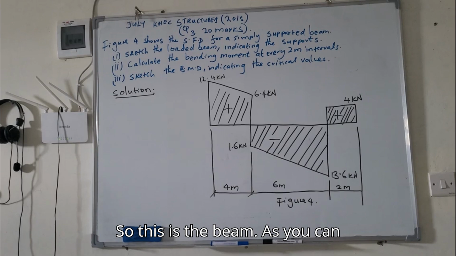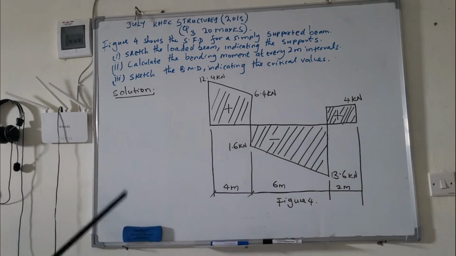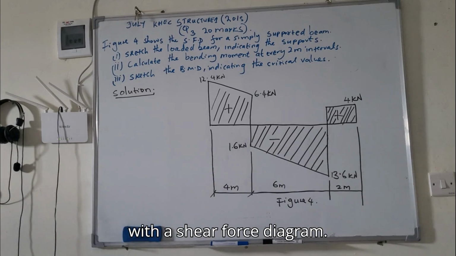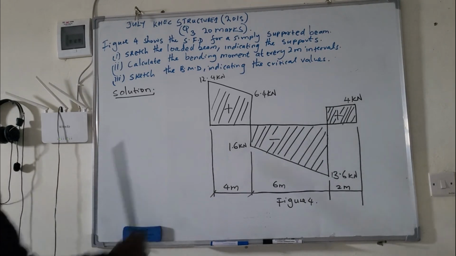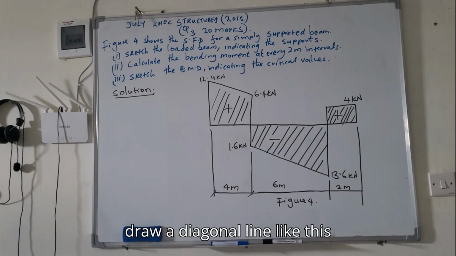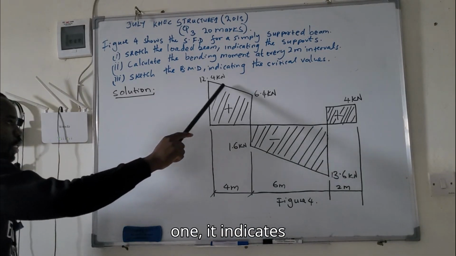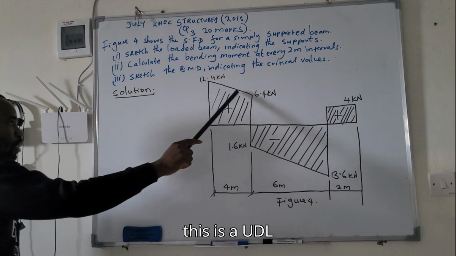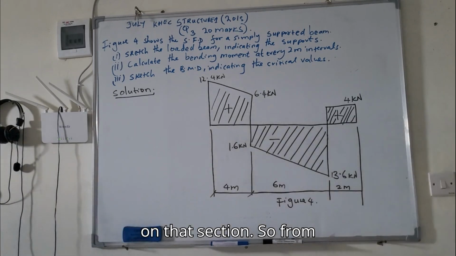So this is the beam. As you can see, a beam with a shear force diagram. The first thing to note while drawing a shear force diagram: when you draw a diagonal line like this, it indicates a UDL on that section.